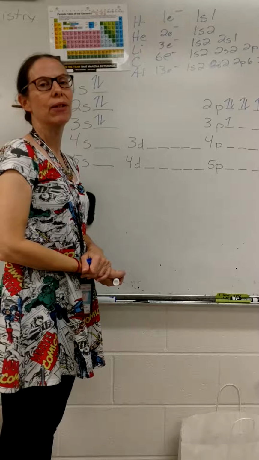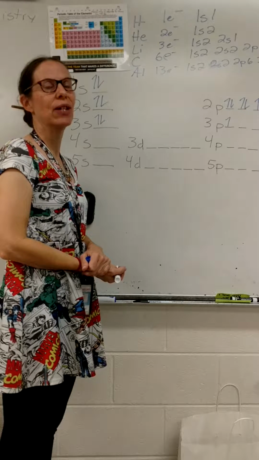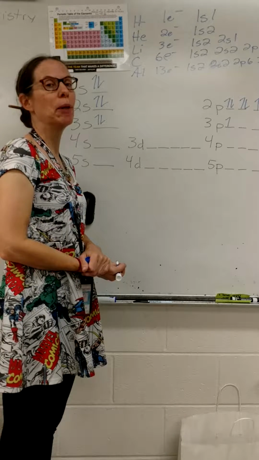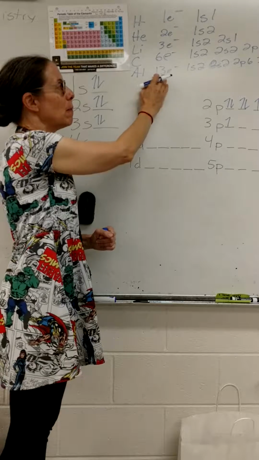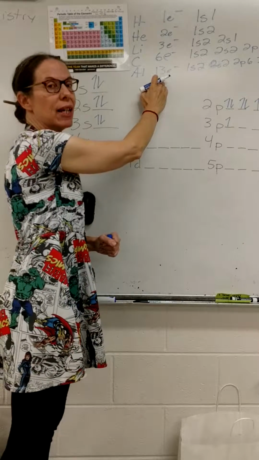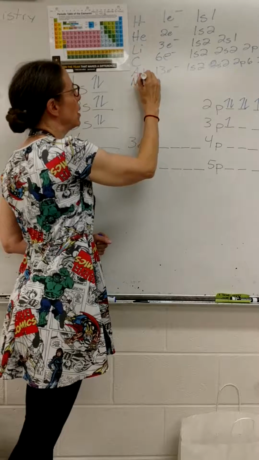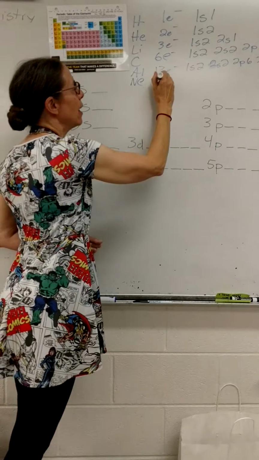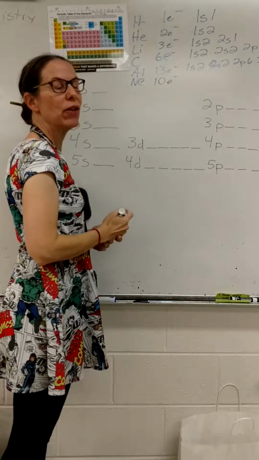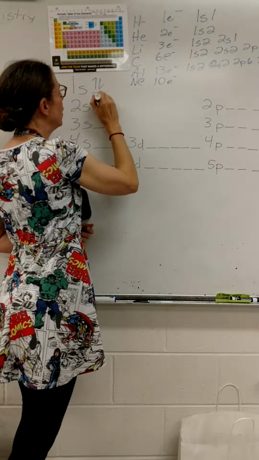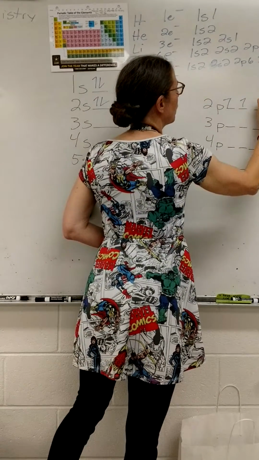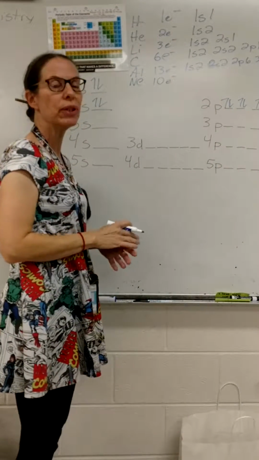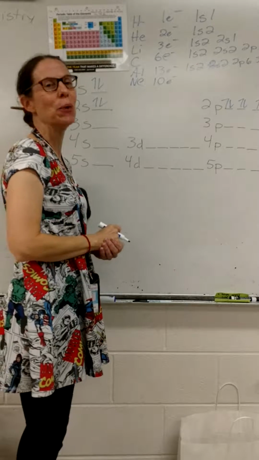So there's a shortcut we can do. We can do something called the noble gas configuration. First of all, you have to find the noble gas that happens before the element we're talking about. We're talking about aluminum, element number 13. The noble gas that comes before that is neon. Neon is number 10. Neon has 10 electrons. If I do the orbital diagram for neon, you're going to see that the 2nd period, the 2nd shell, is completely full. You should know that. Neon's a noble gas.